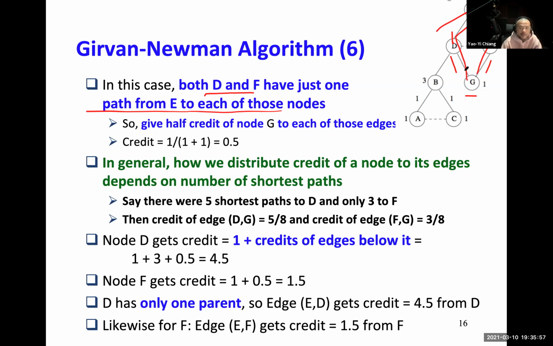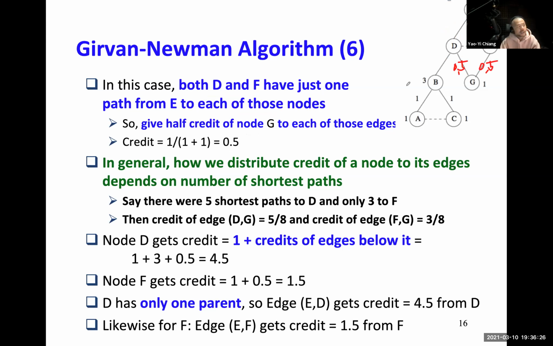Sometimes you might have multiple, let's say 3 here and 1 here, then you have to weight them differently. But in this case, you have 1 and 1. So you are going to have the credit of node G split across each of those edges. So 1 divided by 2 will be 0.5. So DG will be 0.5, FG will be 0.5.